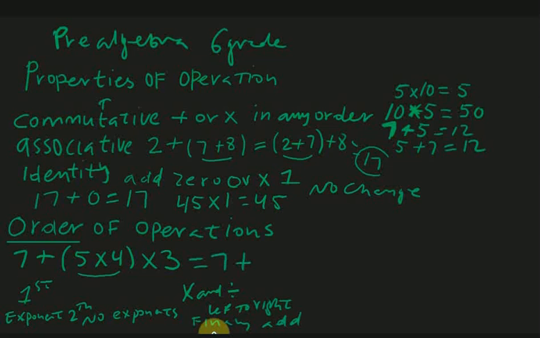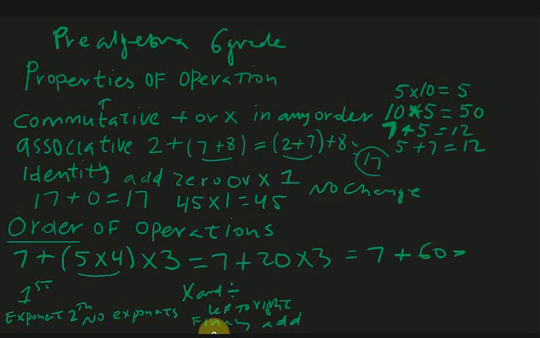So now we have 7 plus, and what do we have inside? 5 times 4 is 20, times 3. This is the order of operations. Now we continue: 7 plus, and we do multiplication again. 20 times 3 is 60.